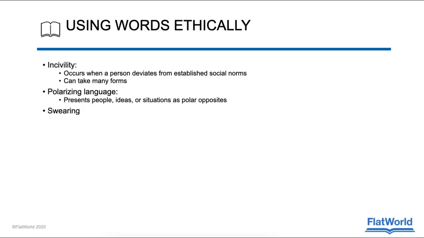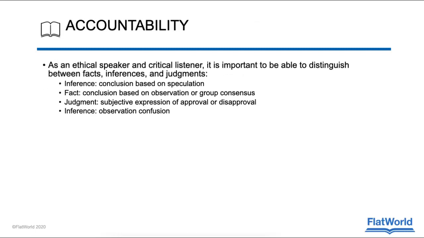Ethics are a big thing, especially from the perspective of making sure you communicate in a way that is not just effective, but also makes people feel comfortable and understands that everyone comes at things from a different dynamic. So don't use polarizing or swearing language. It's always important. Accountability. You can be held accountable for how you communicate with others.